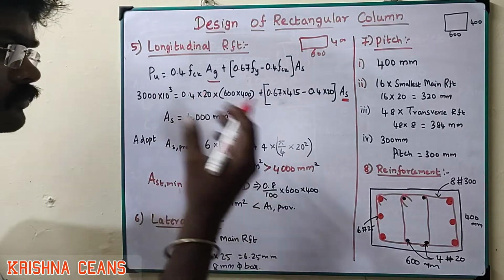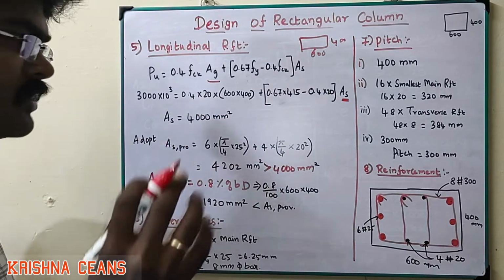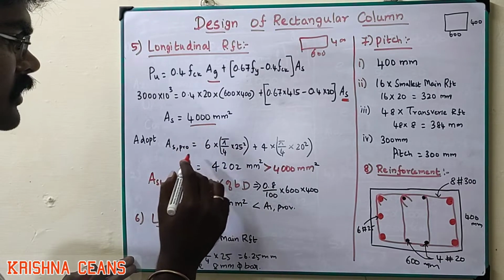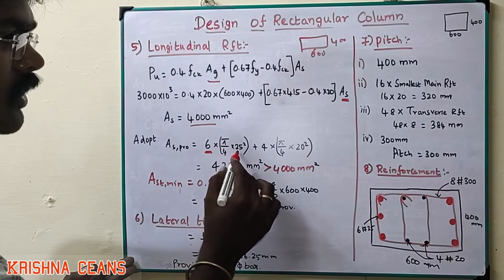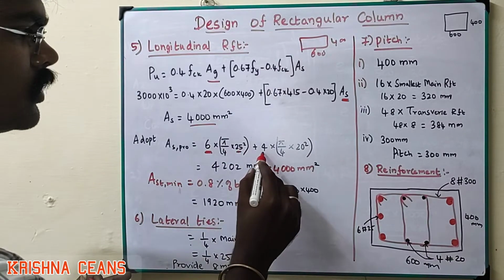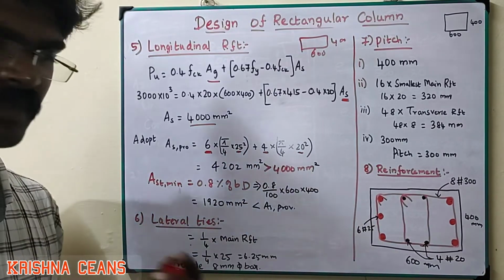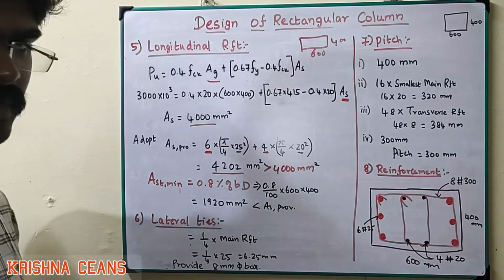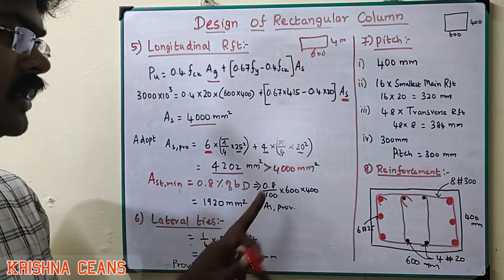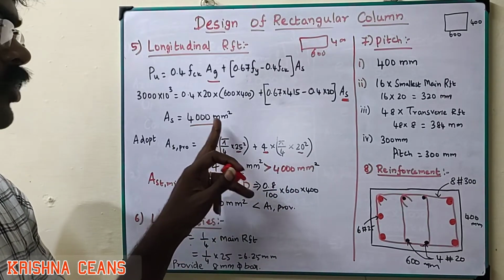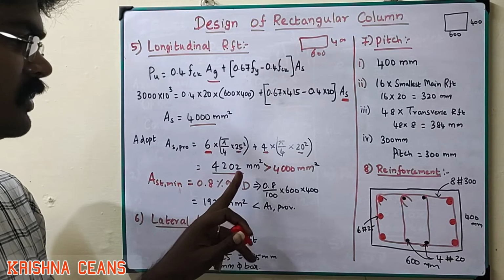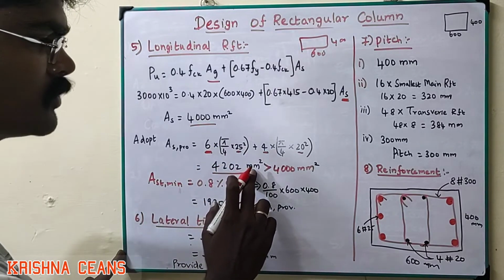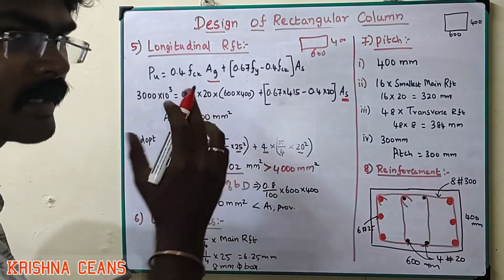So we will provide the reinforcement and the number of bars. According to these conditions, say Ast provided is 6 numbers of 25 mm dia bars and 4 numbers of 20 mm dia bars; the area is 4202 mm square. What we provided should be greater than what is required, and 4202 mm square is greater than the actually required.